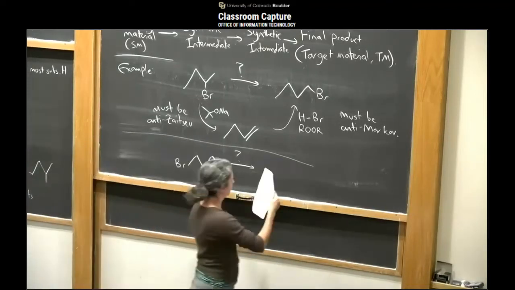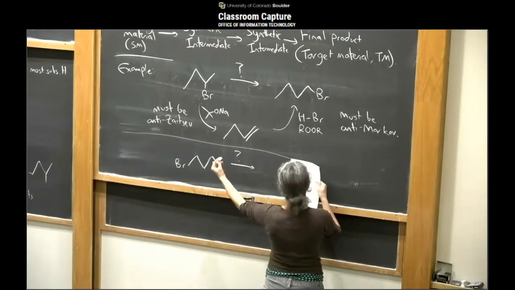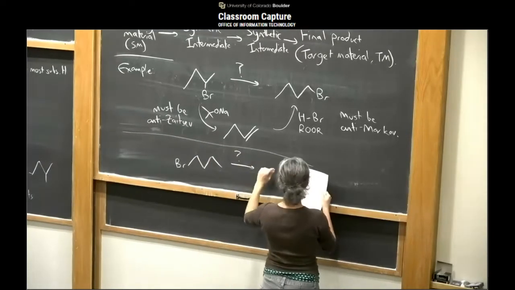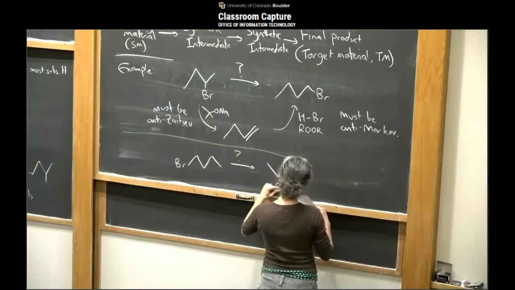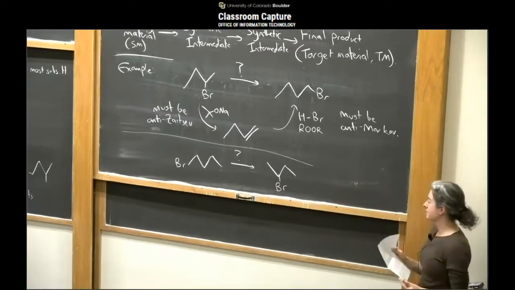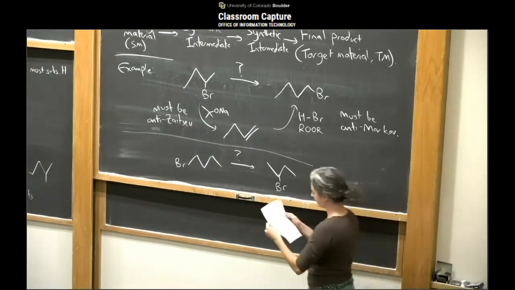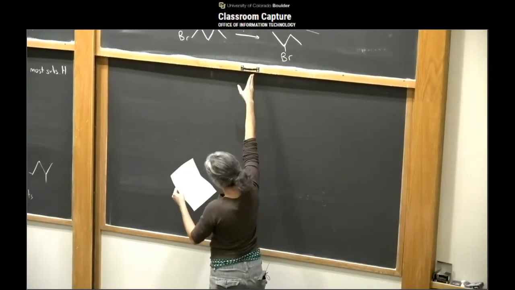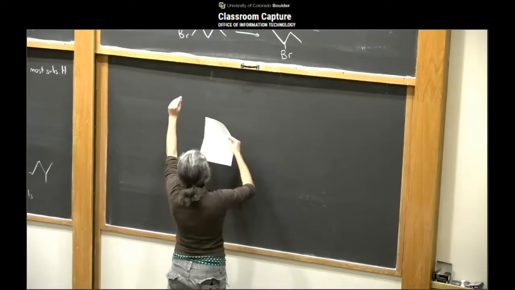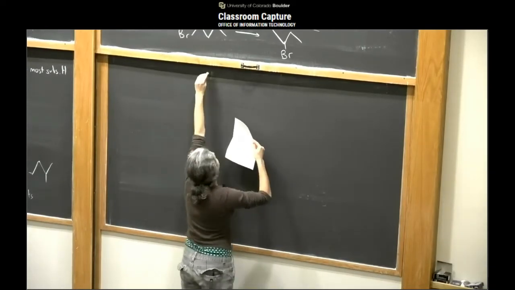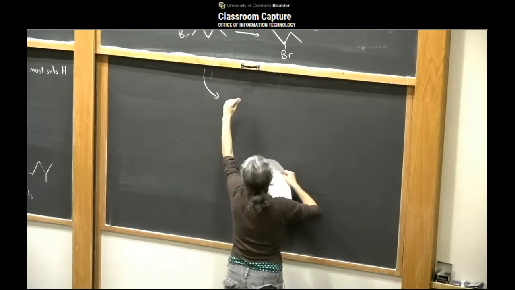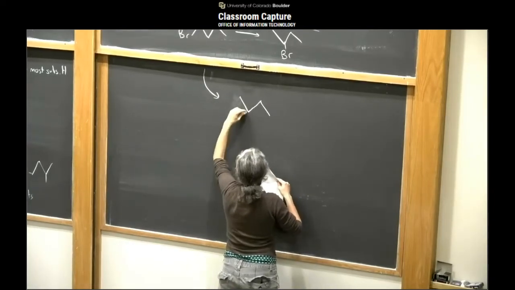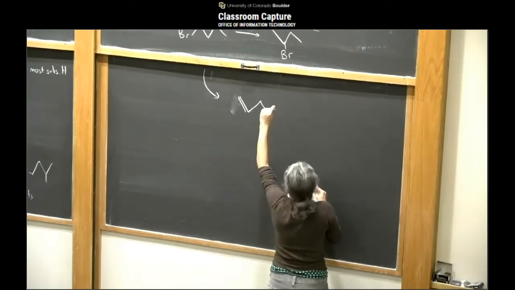Okay. So what if I'm trying to go the other direction, where I start with the less substituted halogen and I make it more substituted? In this case, the intermediate is actually going to be exactly the same alkene.